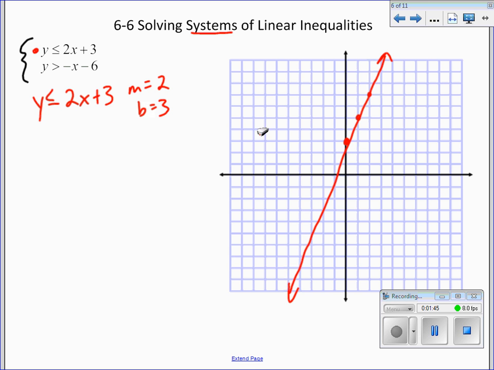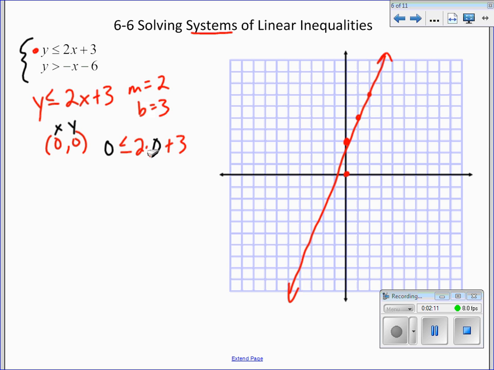Step 4 then was to pick a point and test it. 0, 0, since it is not on the line, we can use that one, and that's always the easiest one to use. So now we plug it in. This is x and this is y, and we're going to plug it into that original formula. So y would be 0 is less than or equal to 2 times x is 0, and then plus 3.